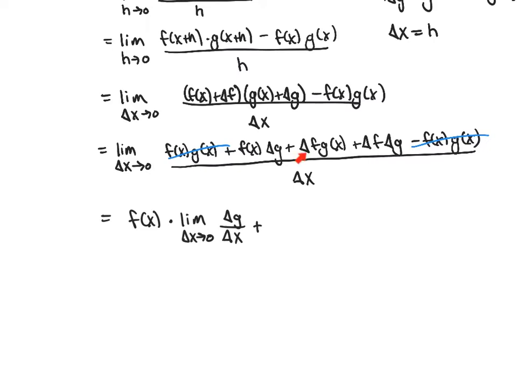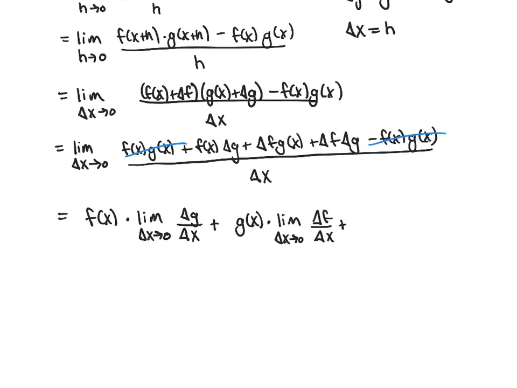Now in the second term, I'm going to take out a g of x. So I have g of x times the limit as delta x goes to 0, delta f over delta x. And then the last one, I'm going to say limit as delta x goes to 0, delta f over delta x times delta g.